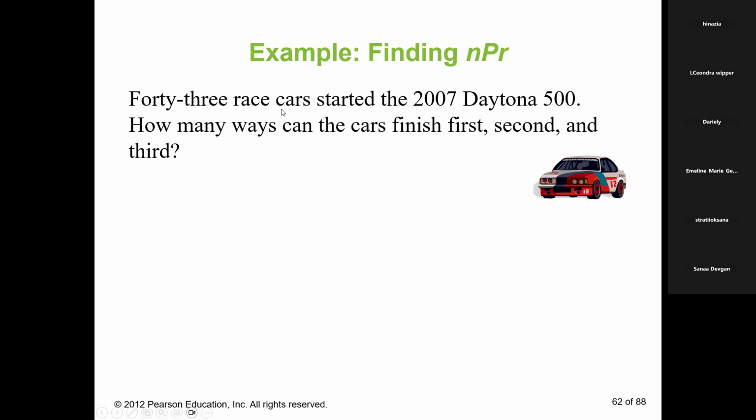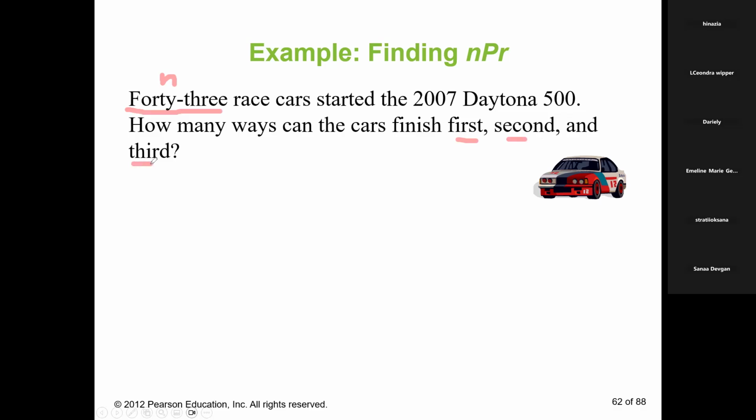43 race cars started the 2007 Daytona 500. Okay, 43. So that's N. N equals 43. You see here, this is 43. That's N. How many ways can the cars finish first, second, and third?